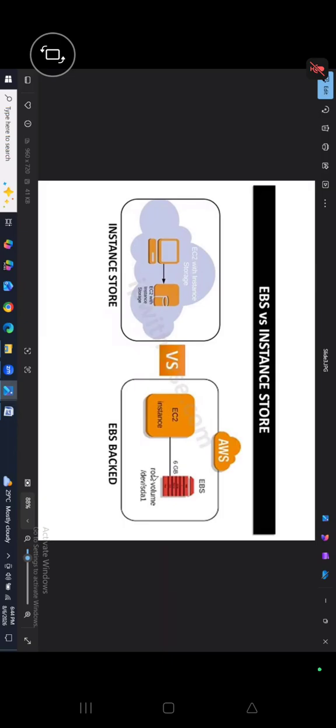Okay, so coming to EBS. We are going to connect the EBS volume through the network. For the root volume, EBS maximum you are going to get a name like this, /dev/sda1. If you have good knowledge of Linux, especially disk management, then you will understand what this /dev/sda1 is.